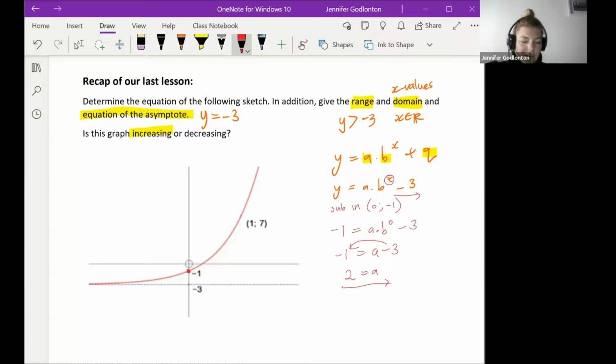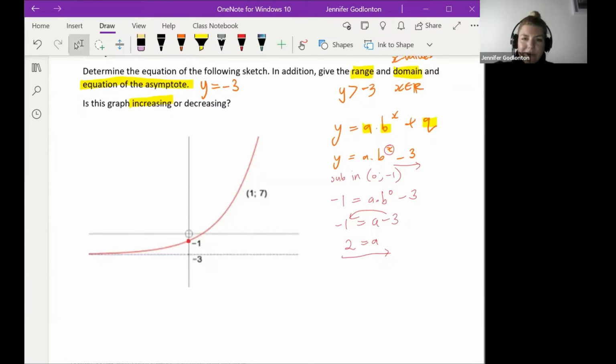That's okay, I understand. Okay, now we're trying to find b. So now I'm going to substitute in this point over here. So now I'm going to sub in 1 and 7. So 7 is equal to 2, because a is 2, times b to the power of 1 minus 3.